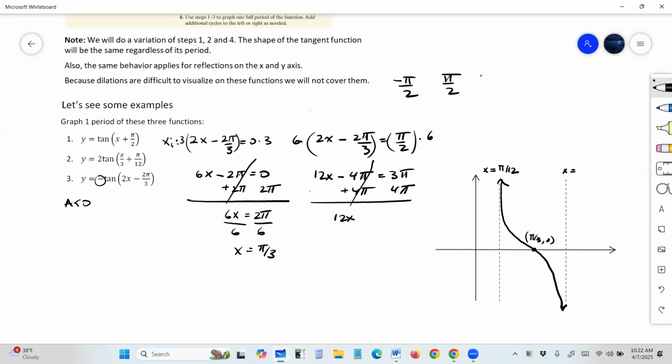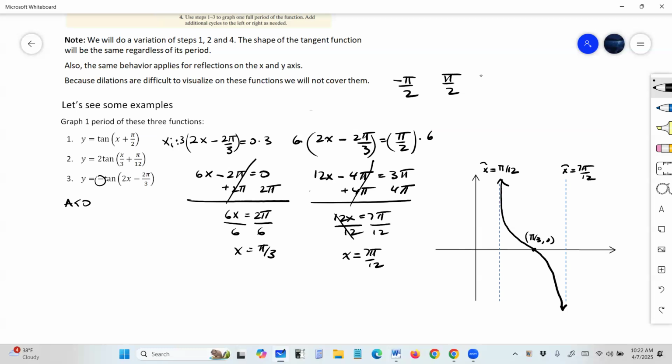So I have 12x equals 7 pi, and then divide everything by 12. That way you don't have to deal with adding or subtracting fractions and finding the LCD. So this is 7 pi over 12, and this is the location of my other asymptote. Now remember, this is a vertical asymptote, so the equation is always x equals, okay? So make sure that you write that on the exam.